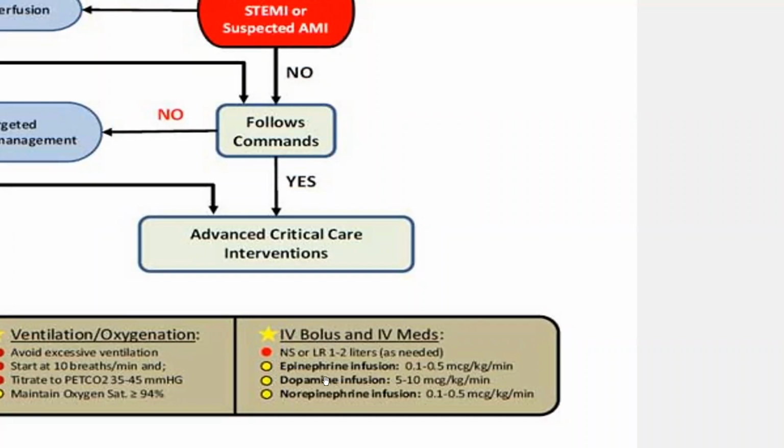We also need to recognize that we are not going to use pressors until we have an adequate volume and have corrected hypovolemia. So we never start with epinephrine or dopamine or norepinephrine. We always start with fluid in order to support the blood pressure.